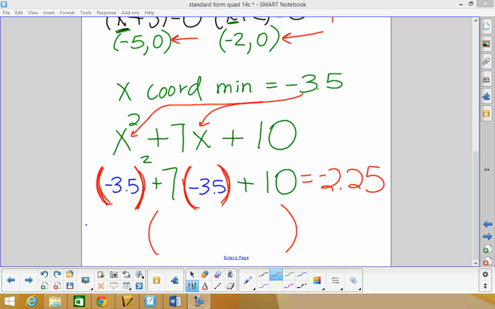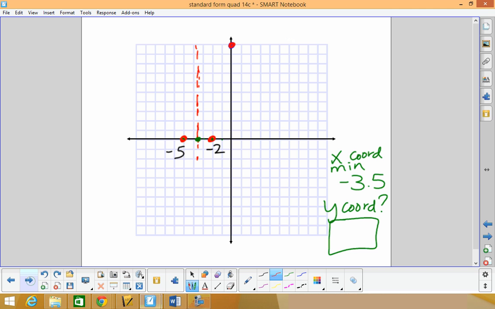Okay, so what are the coordinates of the minimum? Negative 3.5 and negative 2.25. And the way you would graph that is negative 3.5, and down 2 and a quarter, that's a rough sketch here.